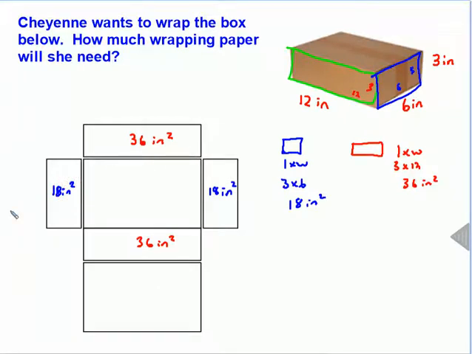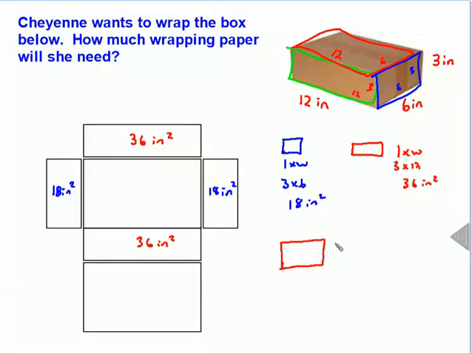And then lastly, all we have to do is find the top here. And this one, whoops, that's not a very good drawing. This one is going to be 12 inches on this side because this was 12 inches. That means this will be also. And the base here was 6. So, we've got a larger rectangle here like this.